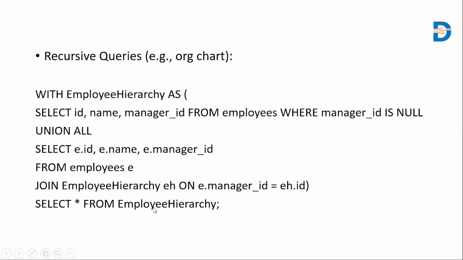After that, JOIN employee hierarchy eh, where eh means employee hierarchy. We take the alias name instead of employee hierarchy. That alias name is eh, ON e.manager ID equals eh.id. After that, we select what we choose: SELECT star FROM employee hierarchy.